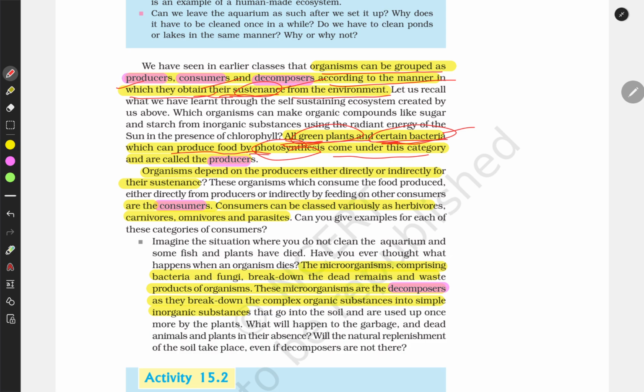They have photosynthetic cells and they produce their food by photosynthesis using the sun's energy, so they are called producers. They produce the energy for all the living organisms of this earth, because they are not relying on any other organisms.